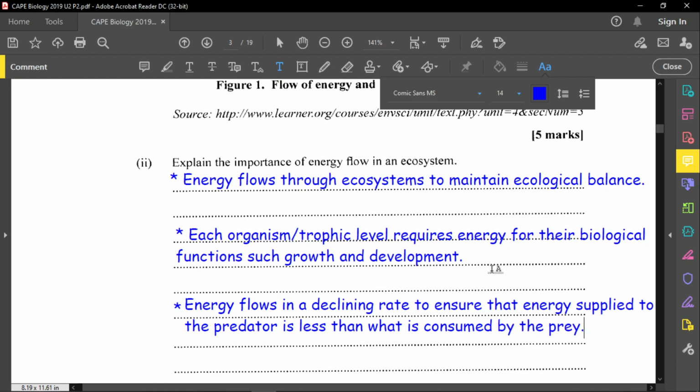All right, so this is very important because they want to ensure that the prey-predator ratio is being maintained. And this is very, very important, because this will allow a smaller population.